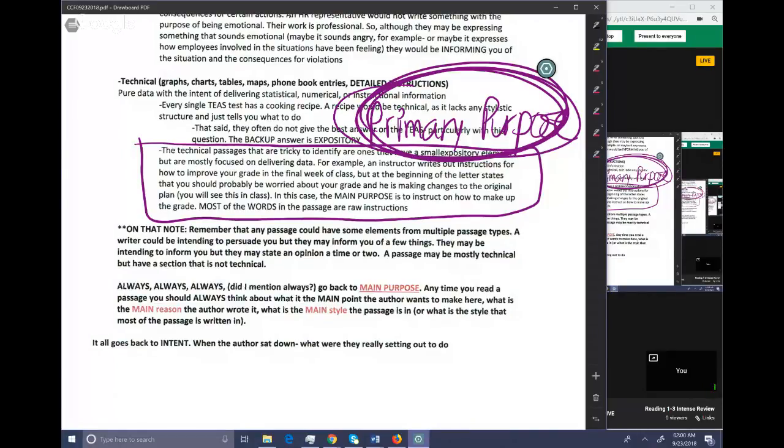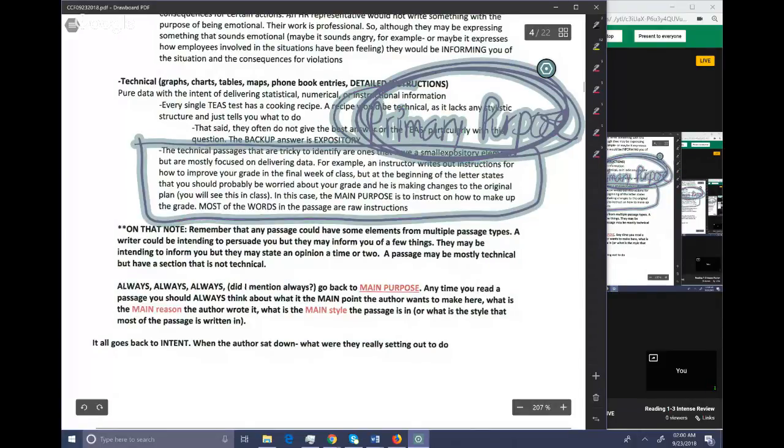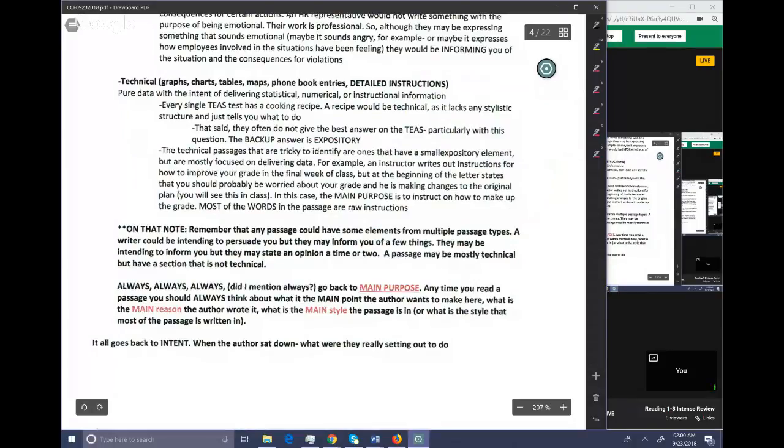Anytime you're a little fuzzy, anytime you're torn between two answers, whether they're purpose answers or something completely different, anything in reading, honestly, keeping the primary purpose at the center of your thought process is absolutely crucial. If the primary purpose was to deliver the options, that is instructions. Instructions are technical, so the primary purpose is technical.